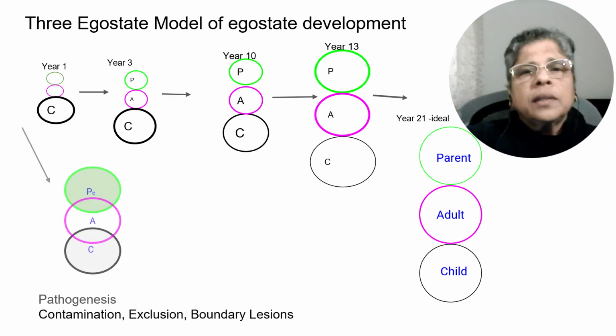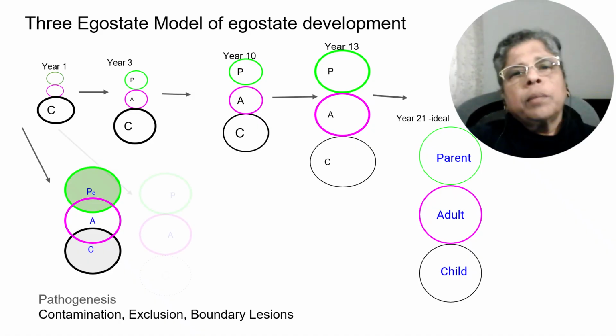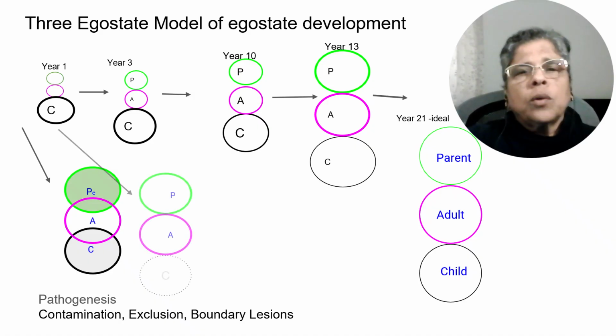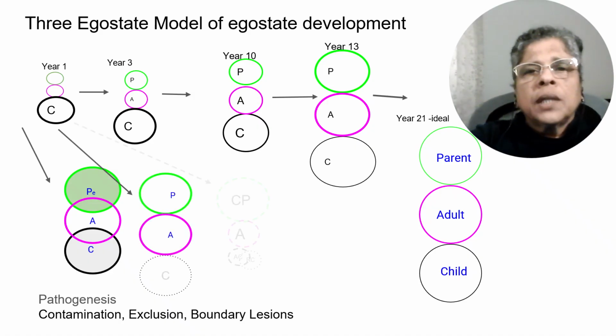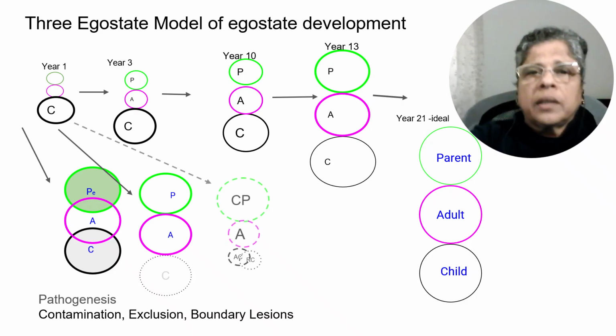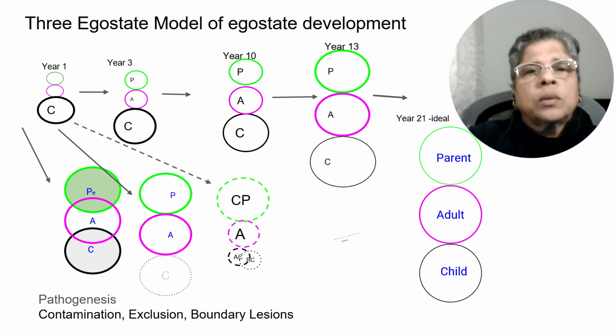So that is why this theory is about how the pathogenesis happens, and also how through therapy the pathology can be corrected. There is a model out there. So the work is based on this model.